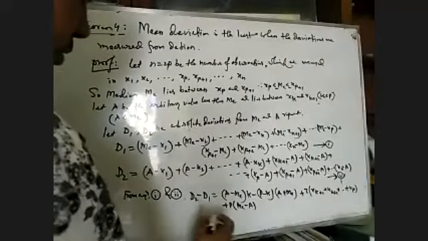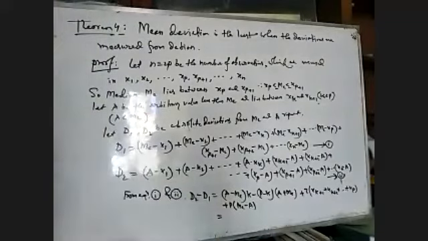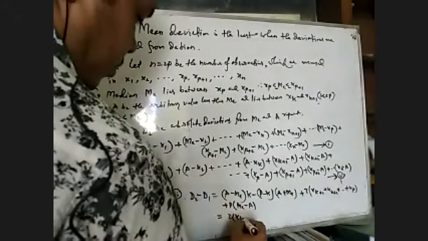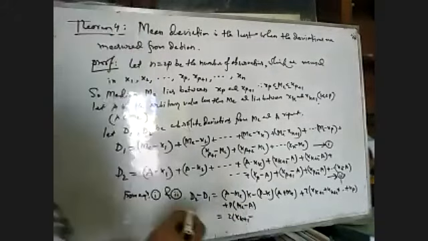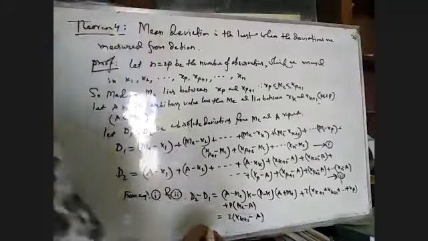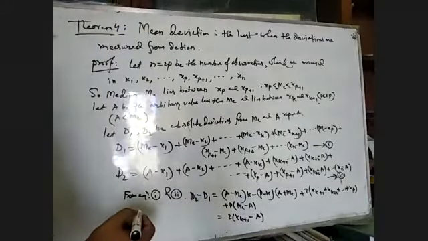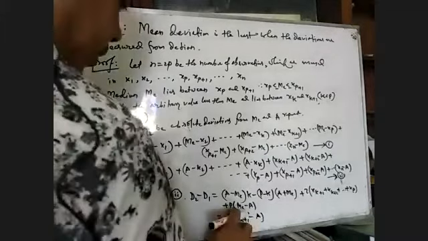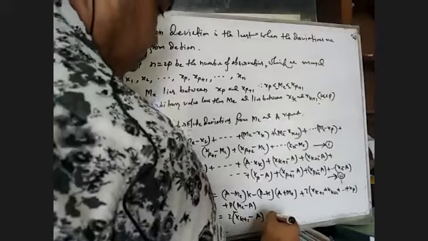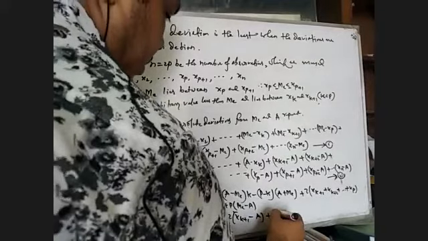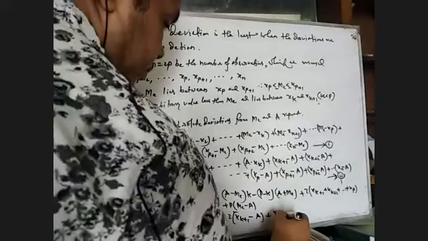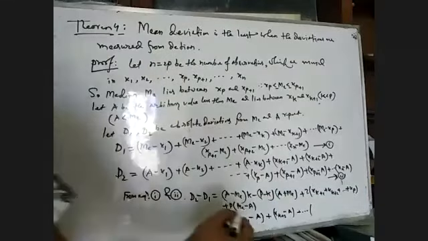So this can be written as 2 into xk plus 1 minus a, plus xk plus 2 minus a, plus dot dot xp minus a.